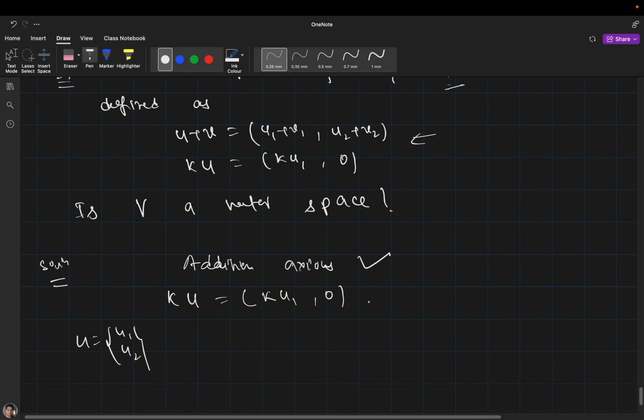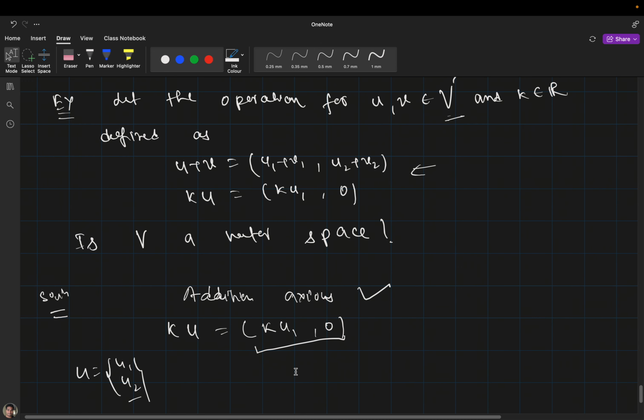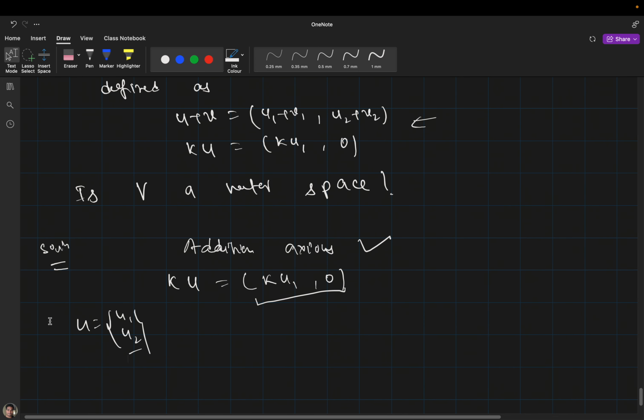Now the thing is, it is saying that you can take any kind of u, you will always get this only. Where is u2 then? Whatever scalar you multiply with u, you will always get k u1, which means that those vectors where the components are u1 and u2 are not mapped here.